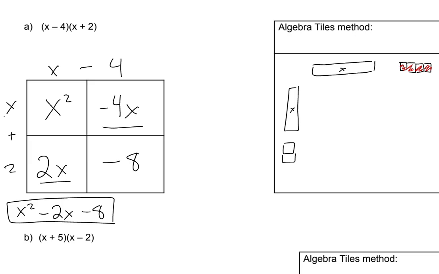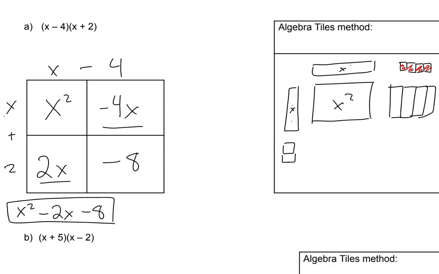Okay, so then this right here turns into an x squared. x times x is going to be your x squared. I'm going to say x times negative 4 is going to be negative 4 x's. So 1, 2, 3, 4. These are all x's. I'm going to also highlight them in red because they're negative.